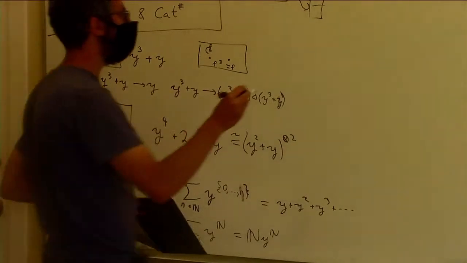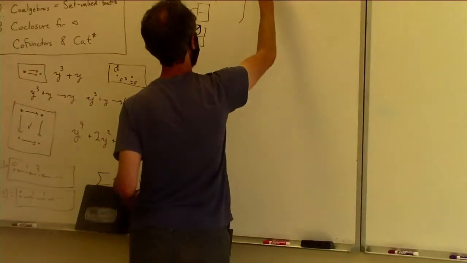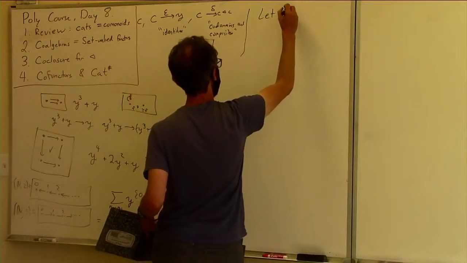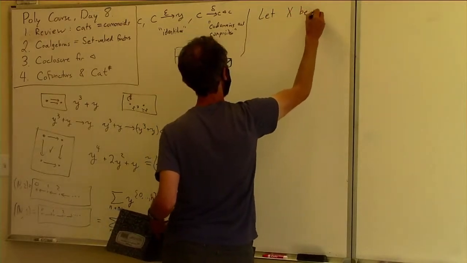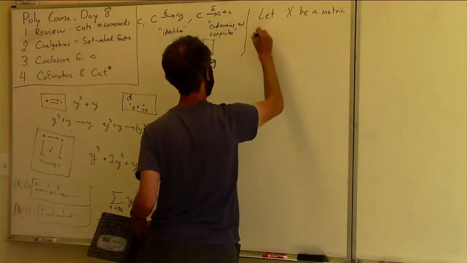Let me give one more example of a category. Let X be a space. You might think of a metric space or a topological space.